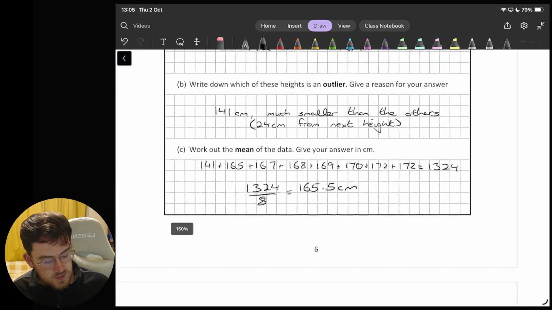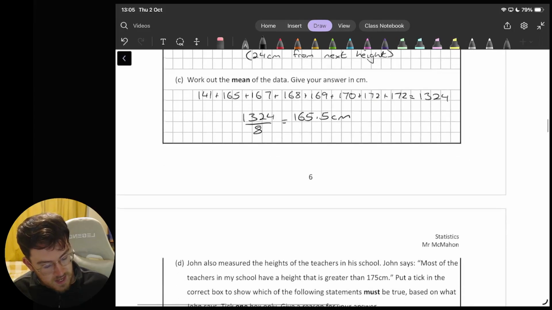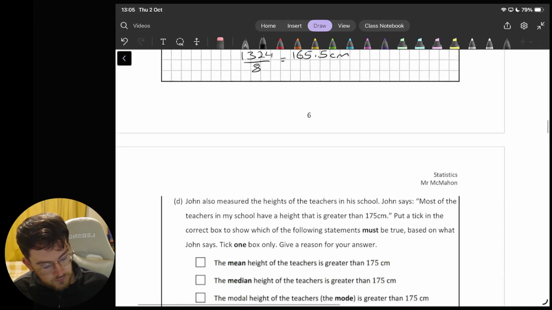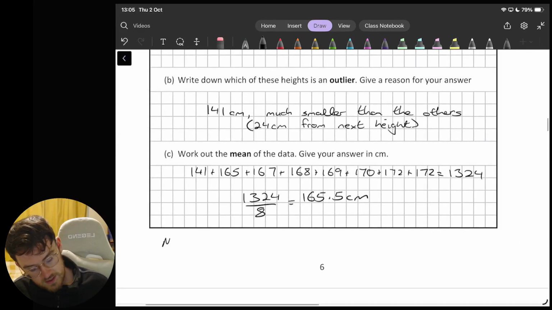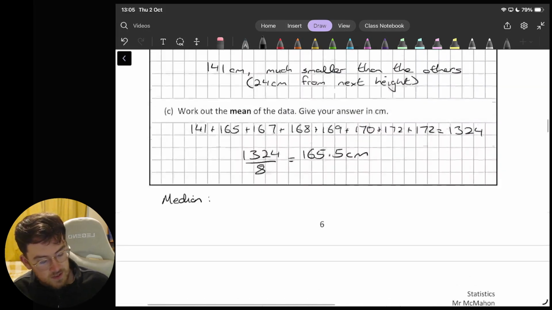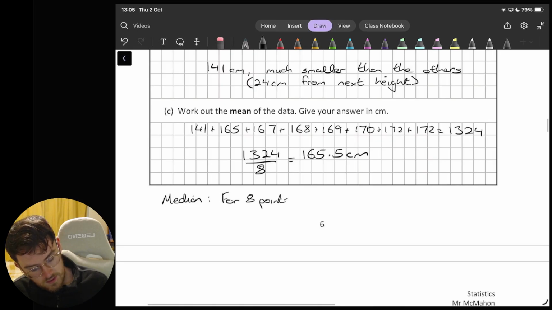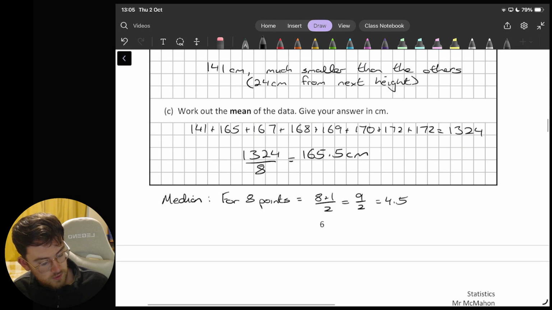Maybe just to finish out this one, it doesn't ask us for it, but let's just do a calculation of the median as well, just to practice. So the median is the middle value. So for 8 points, the middle is 8 plus 1 divided by 2, which is 9 divided by 2, which is 4.5.